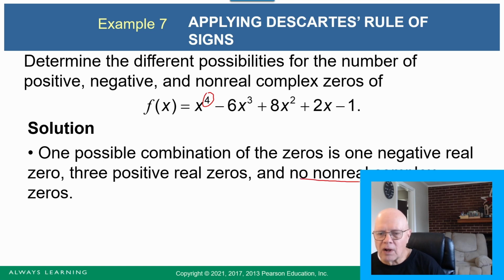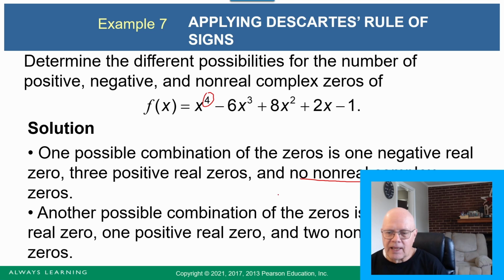No room for a non-real complex. But the other combination is you've got 1 negative, that's for sure, and 1 positive. That leaves 2 extra zeros. And they're not positive, they're not negative, so they're 2 non-real ones.